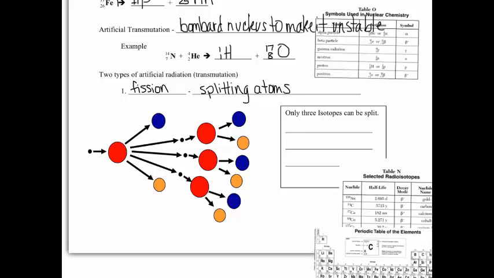You need to know that what happens is it is artificial, so we're going to accelerate something at the atom, which will then split into different isotopes. In fact, in this case, we're going to call this uranium-235 atom, and this is actually a neutron directed, not accelerated, at the atom.